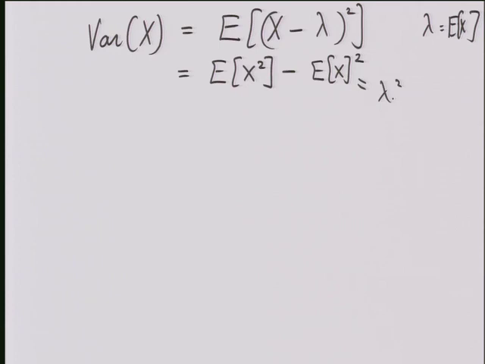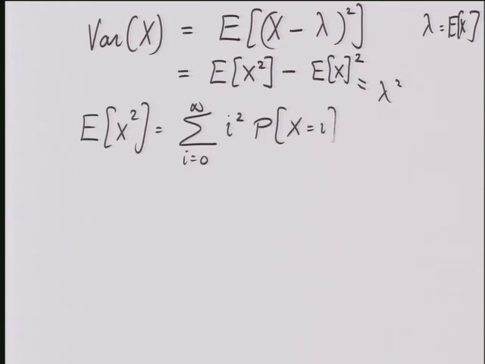Expected value of x squared is summation i equal to 0 to infinity of i squared times the probability x equal to i, which is summation i equal to 0 to infinity i squared times lambda to the i over i factorial e to the minus lambda.